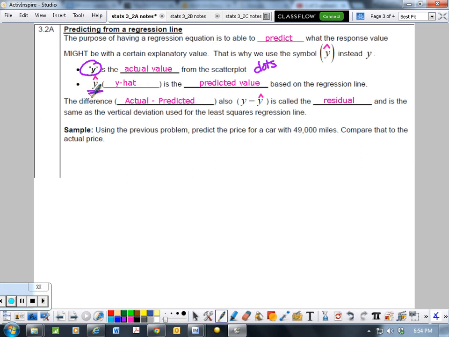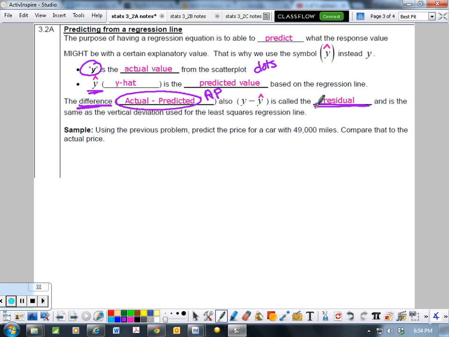The difference between the two, and we do this actual minus predicted, also known as AP, that's how I remember it, is called the residual. That's the vertical deviation between what actually happened versus what we're predicting to have happened.